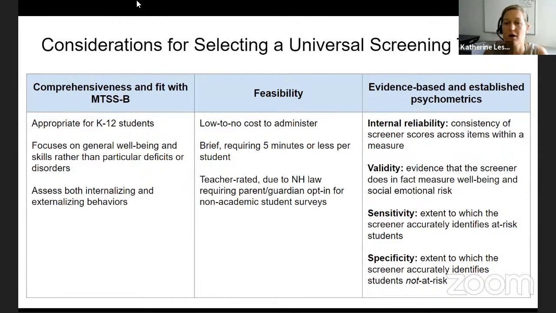And we just wanted to offer a few other considerations when selecting a tool if you chose to go the route of purchasing or using one of the free to low cost tools. So the first column here being, is it comprehensive and does it fit within your MTSS-B framework? So again, thinking about the reach of it, is it appropriate for K through 12, or is it only specific to a select group of students?